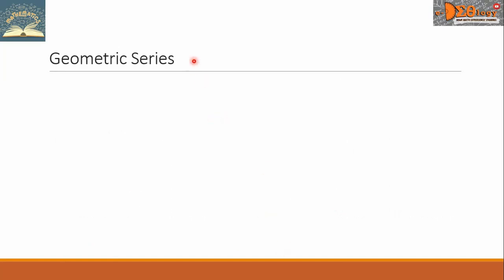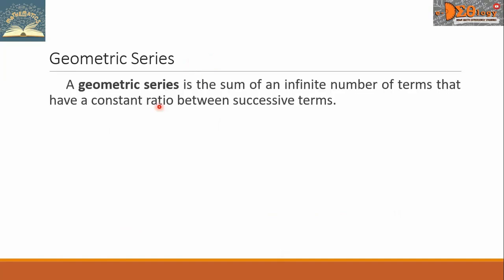Let's go to geometric series. A geometric series is the sum of an infinite number of terms that have a constant ratio between successive terms. We can write a plus a times r plus a times r squared plus a times r cubed plus and so on.